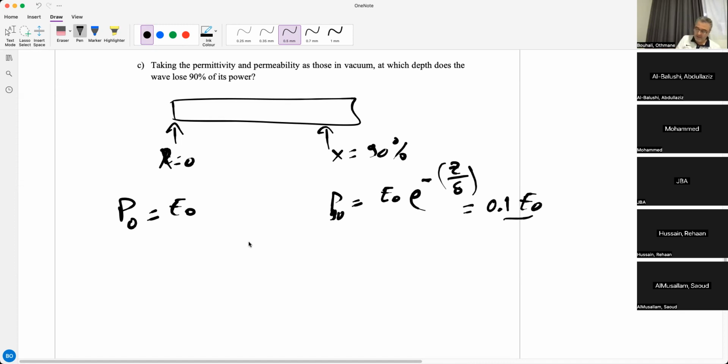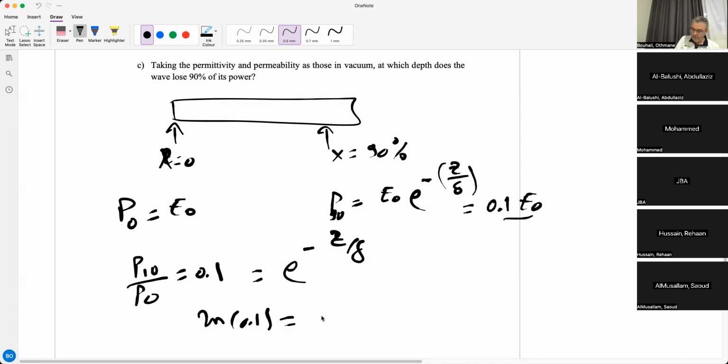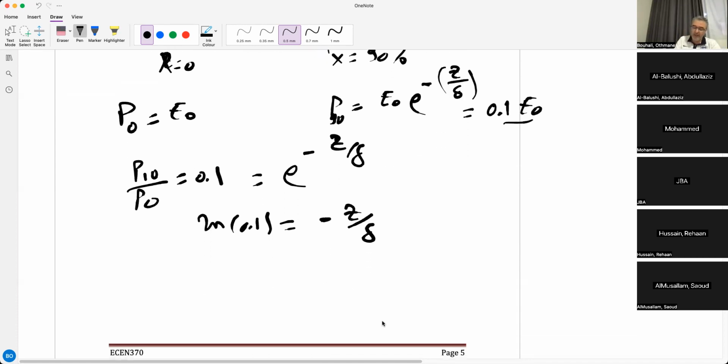So this means that the ratio between P90 over P0 is equal to 0.1, which is also equal to exponential minus Z over delta. Then you take ln. So ln of 0.1 is equal to minus Z over delta, which means this Z or X, the depth, will be equal to minus delta ln 0.1.